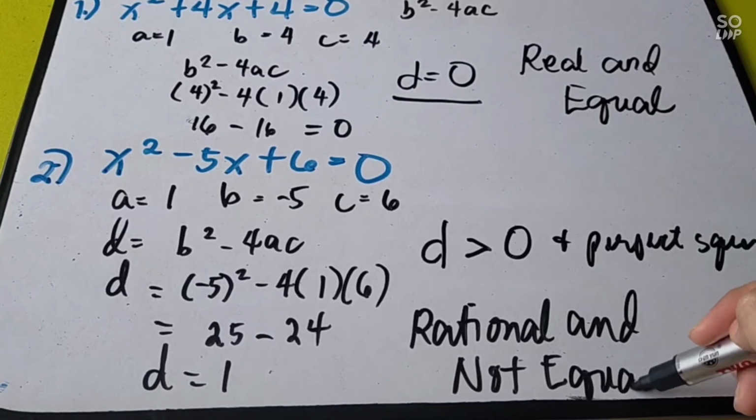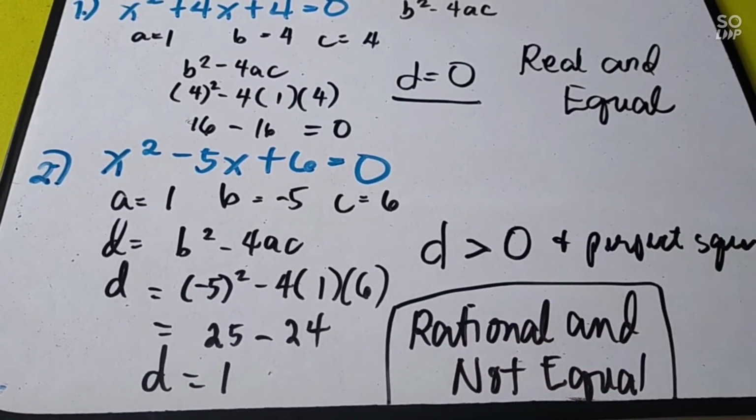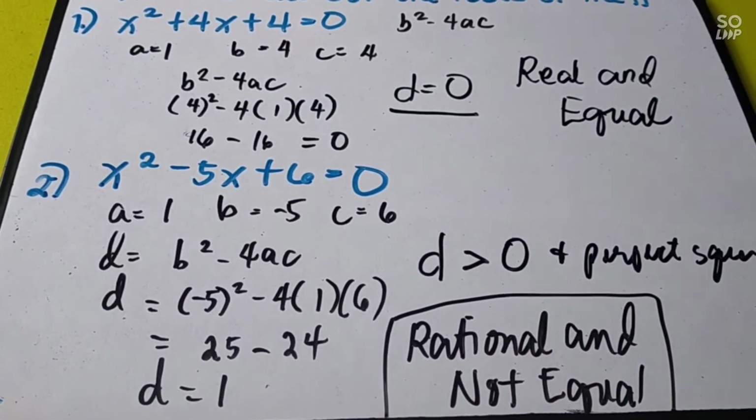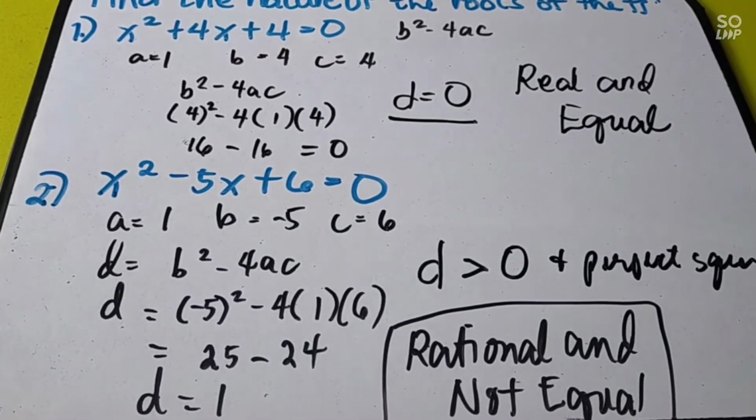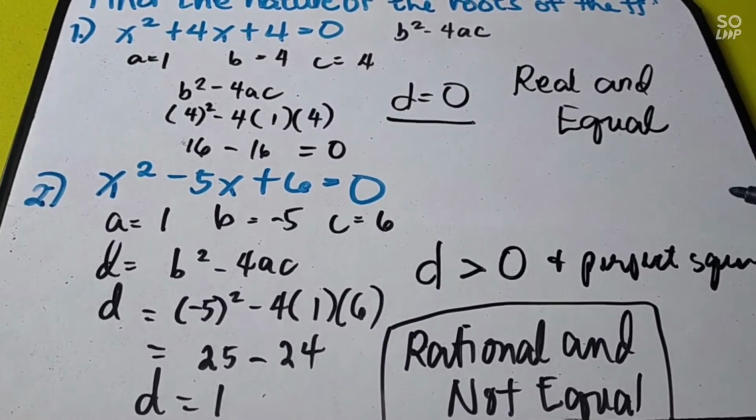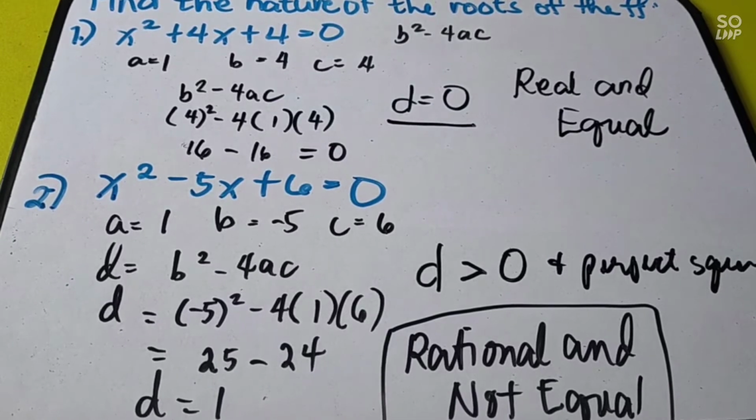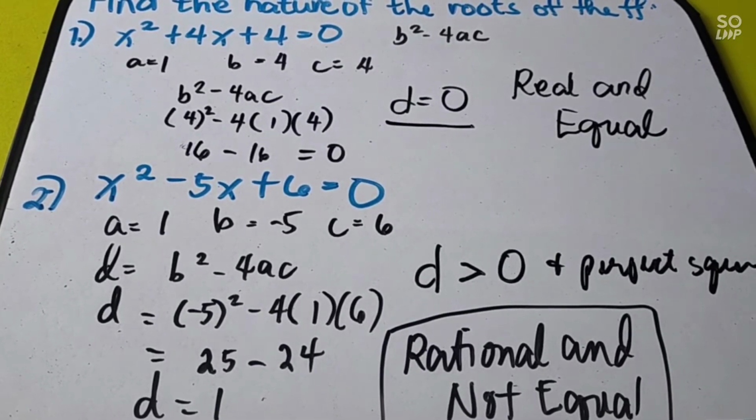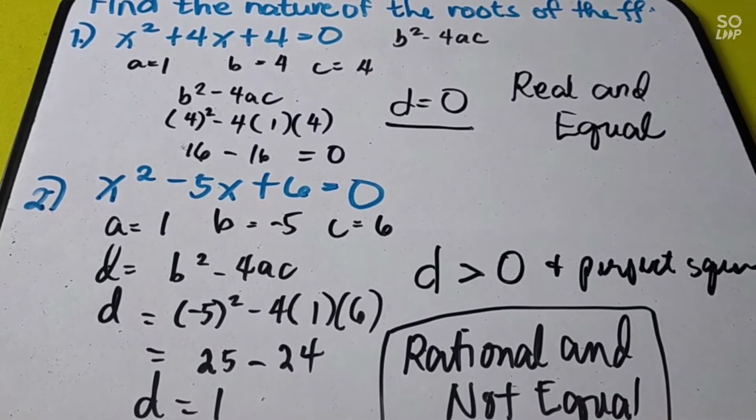That is it. This is the nature of the roots. Is it clear? So, ganun lang kasimple. Kung paano malaman mo kung ano ang nature of the roots of the given quadratic equation. Let us have more examples.